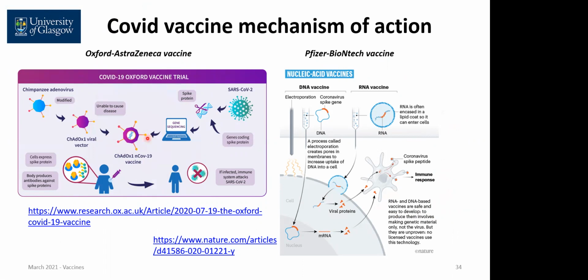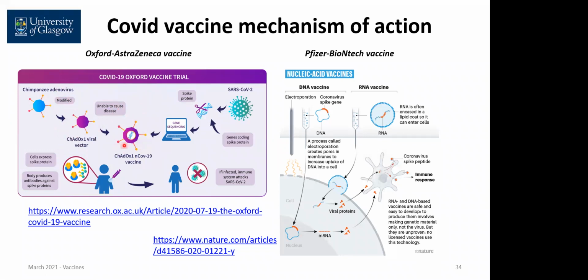If we talk about the Oxford vaccine first, this involves a chimpanzee adenovirus vaccine vector. This is a virus that infects chimpanzees. Scientists have taken this virus and modified it in the laboratory to the point where it is unable to cause disease within humans.